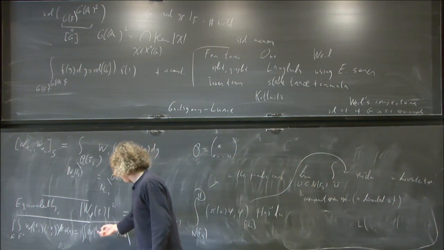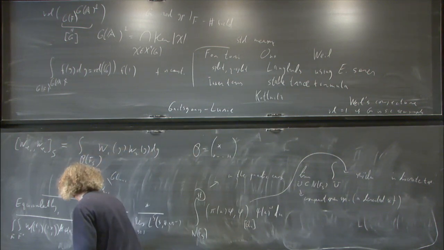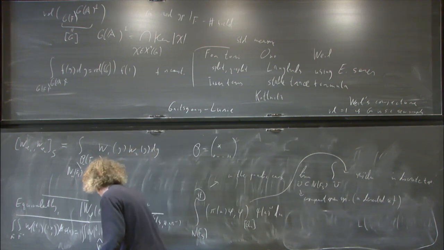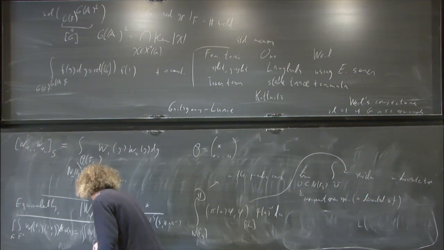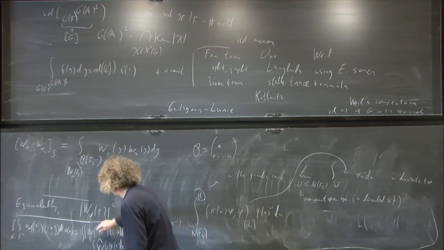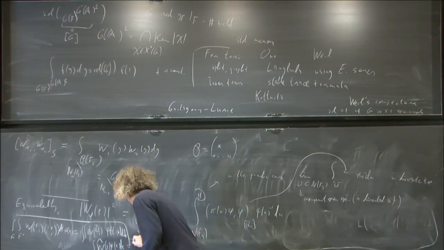And then what you see here is a Fourier inversion, right? It's a double Fourier transform. So this is the Fourier transform of this function at the point x against psi x, something like that. You look at it as a function in this variable, and that should be the W at 1.